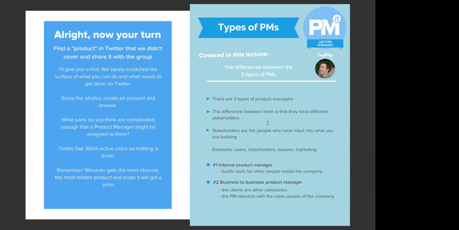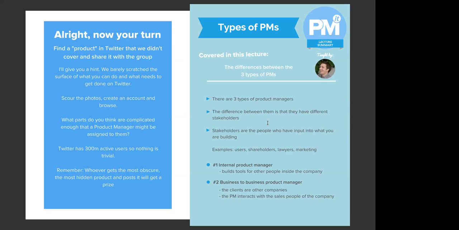So usually a B2B product manager, if you're working for a company that sells products to businesses, right? So let's say you're working for a company like Zillow or Trulia or Realtor.com, or working for a company like, what can I think of?